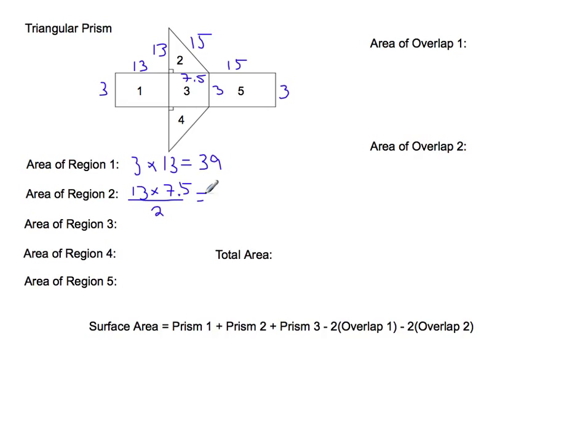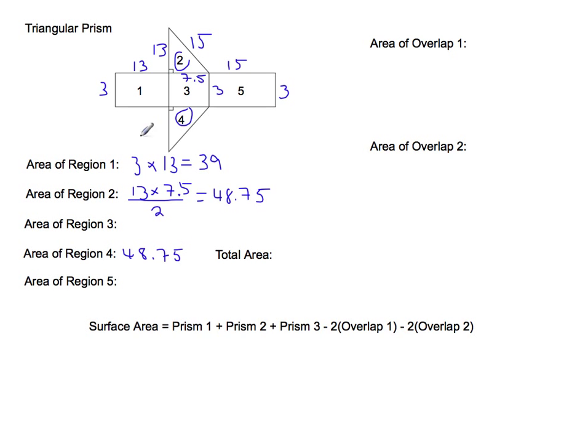13 times 7.5. Make sure you press your equal sign and divide by 2, which is equal to 48.75. And I know my region 2 and my region 4 are the same, so I'm just going to put that down here.